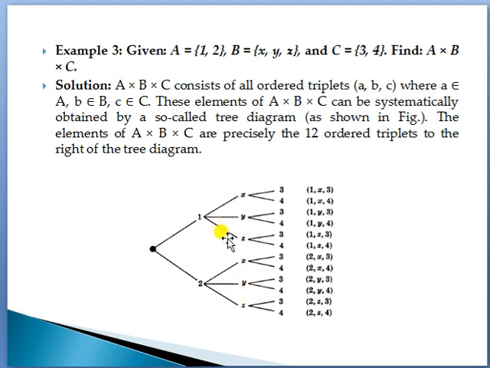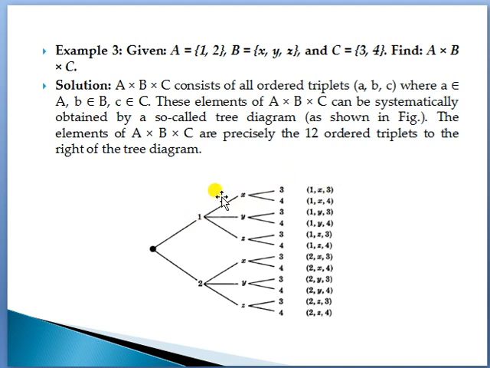Now this A cross B will apply on the set C. C contains 2 elements, 3 and 4. So that will go with all the elements of A cross B. So x will go to 3 and 4, y with 3 and 4, and z goes to 3 and 4. Similarly for the element 2. So the triplets will be 1, x, 3, the first triplet.